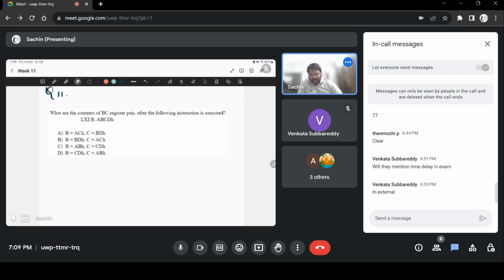Similarly, if you say H, the register pair is HL. Same for D. So ABCDH is loaded onto the register pair BC. B will have AB and C will have CD in hexadecimal. That's option C. Okay.